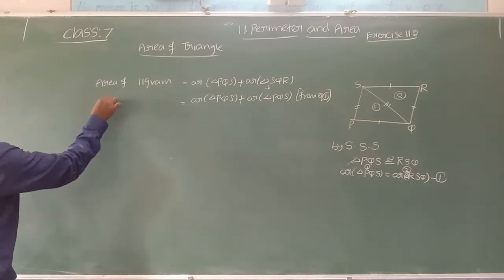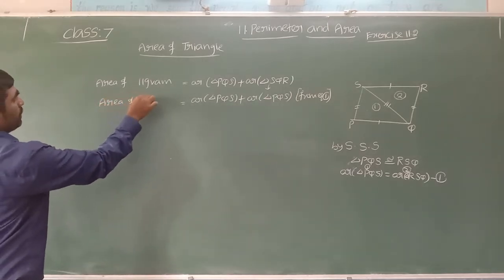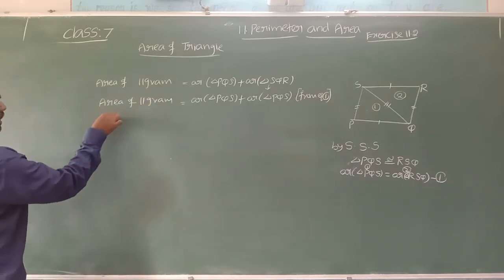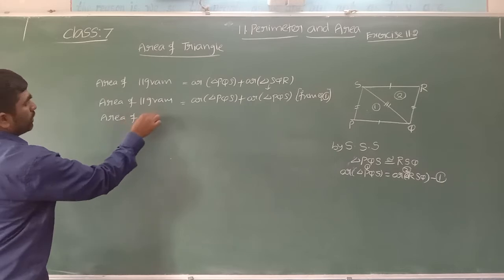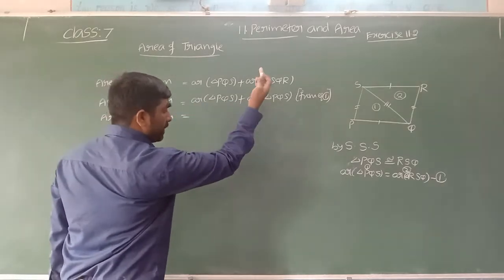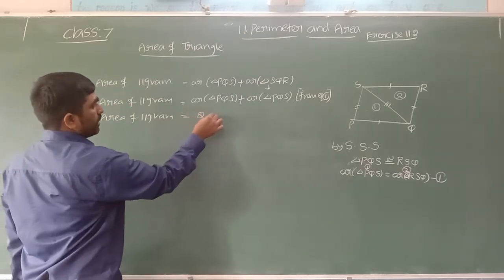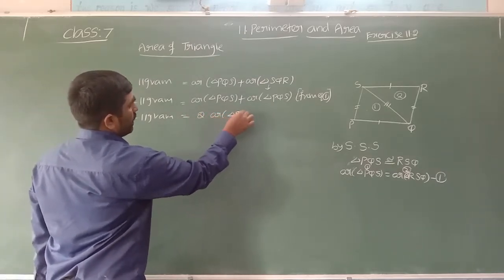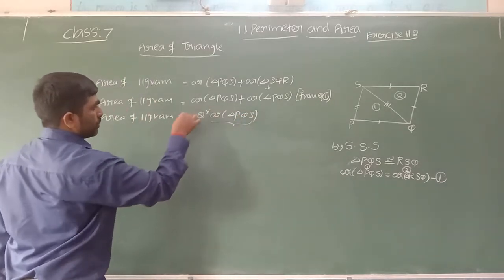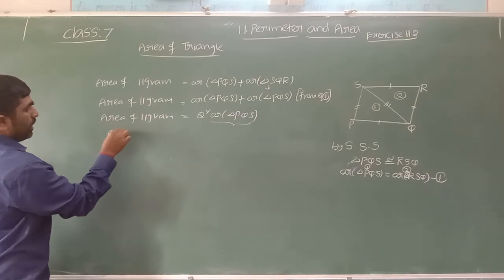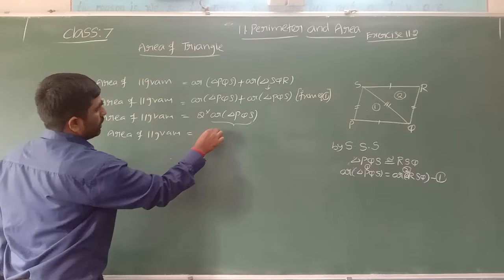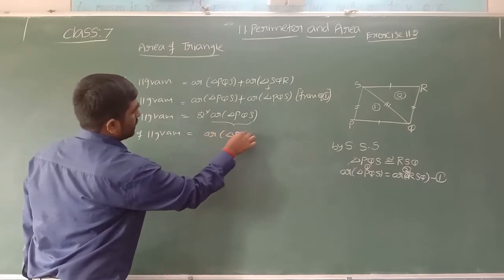So here we can write area of parallelogram is equal to area of triangle PQS plus area of triangle PQS. This we can write as 2 into area of triangle PQS. Now to find this area of triangle, this 2 we can transpose, and it becomes area of parallelogram by 2 is equal to area of triangle PQS.